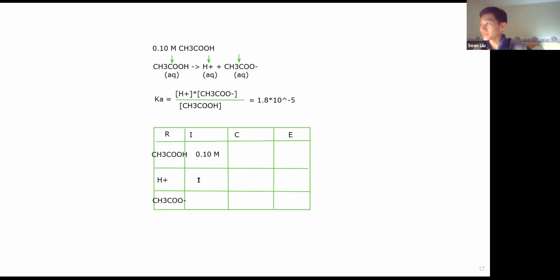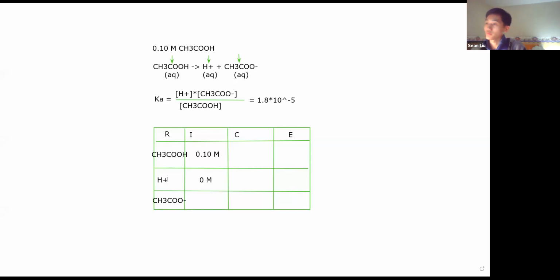I'll answer this one, and then it'll make a lot of sense. The initial concentration of H plus is going to be 0 molar. What do I mean by that? It means that when we start out with a 0.10 molar solution of acetic acid, that's all acetic acid. At least if you think about the second I put the acetic acid into the water, it hasn't separated yet, right?